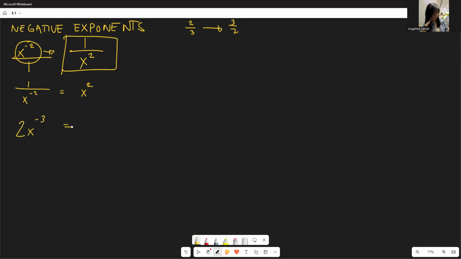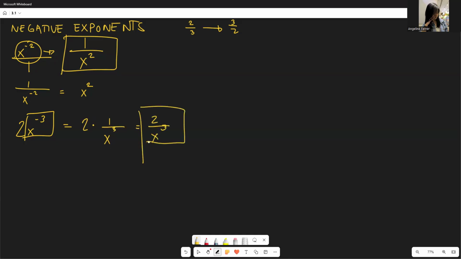We only get the reciprocal of this x raised to negative 3. So the reciprocal of x raised to negative 3 is 1 over x raised to 3 or x cubed, times 1. So 2 times 1 is 2 and then x cubed.